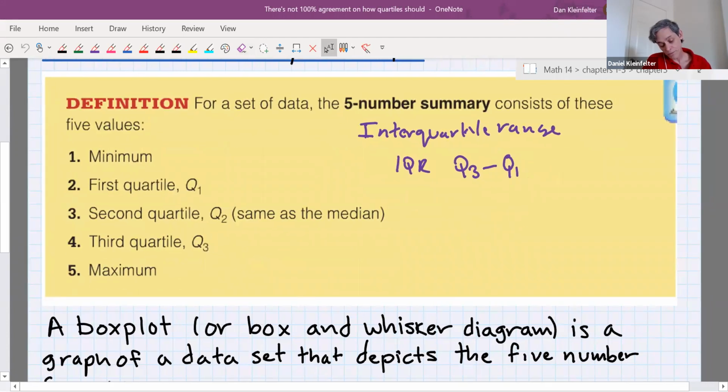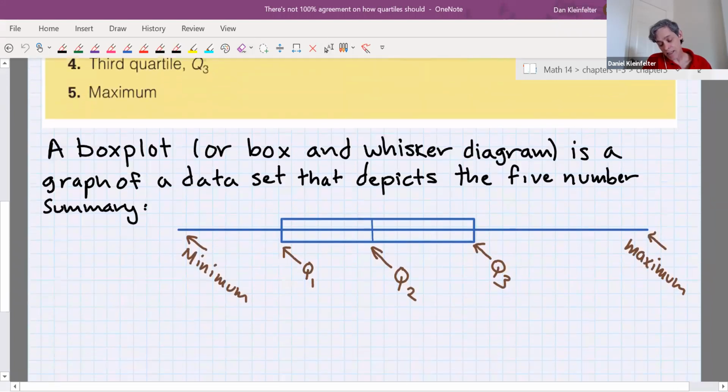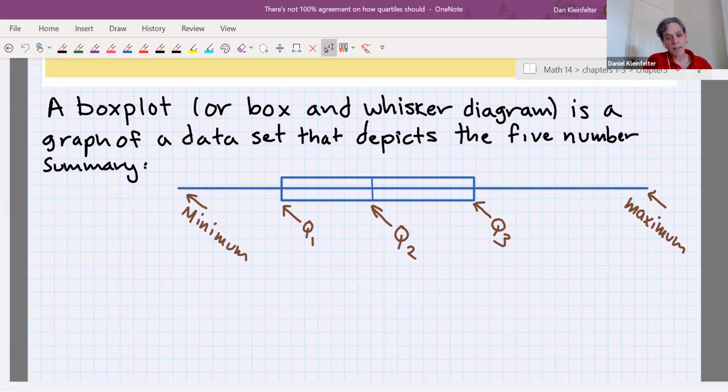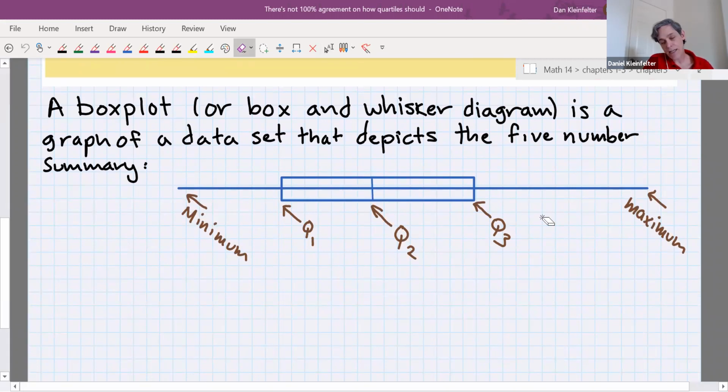The box plot, also called a box and whisker diagram sometimes, is a pictorial representation of that 5-number summary. It looks like this. There's a line whose length is basically the range, the difference between the maximum and minimum. Sitting somewhere on that line is a box whose width is the interquartile range, the difference between Q3 and Q1.